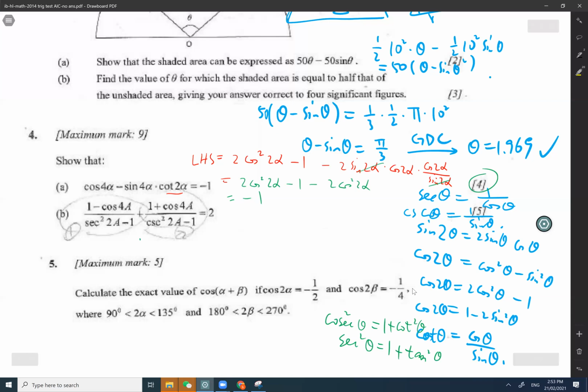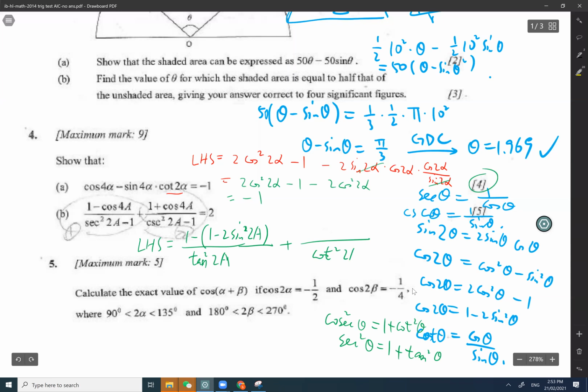So this one, left hand side, tan squared 2a, 1 minus 2 sine squared 2a, cot squared 2a. Oh, simplify.